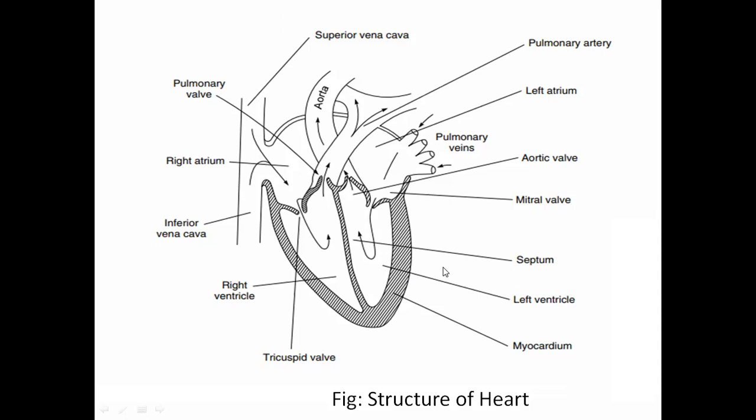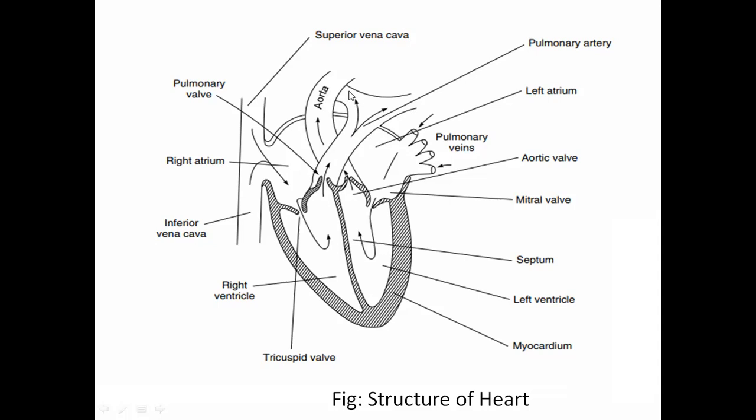Here we will show the chambers and the different valves. The tricuspid valve separates the right atrium and right ventricle. After the right ventricle, the blood is pumped to the pulmonary artery.